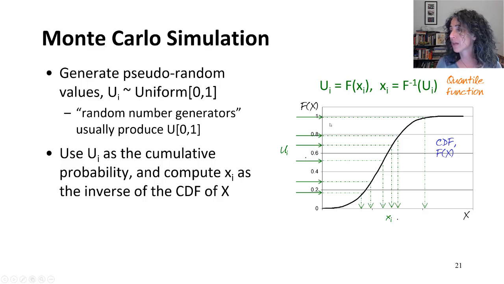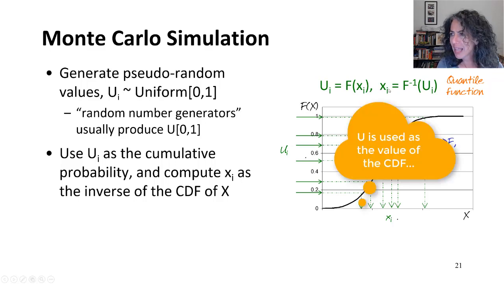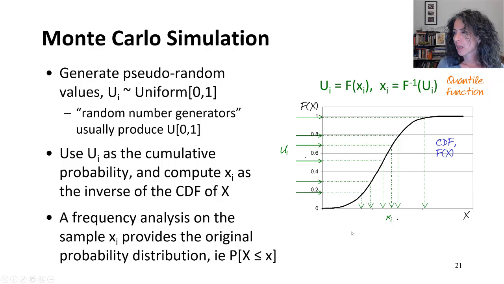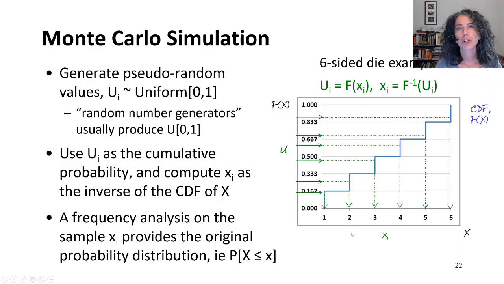Now, I like to view it as reflecting values through the curve, but mathematically, it's just saying that the uniformly distributed random value U is the cumulative distribution function, and then we solve for X using the inverse CDF. That's also called the quantile function. If you think back to the introductory lecture, this is exactly what we did with a CDF for a six-sided die, right?